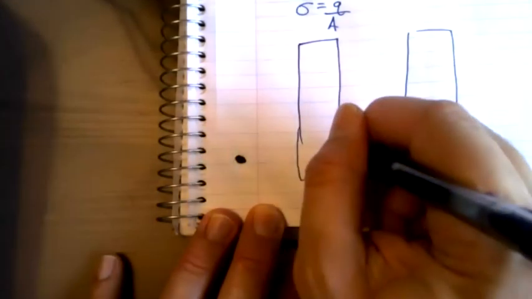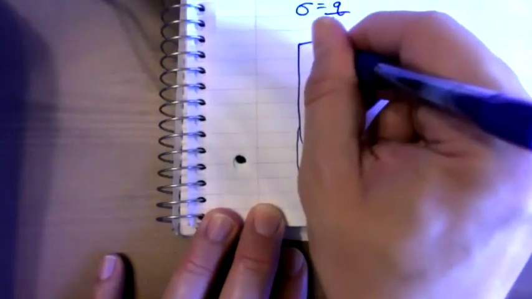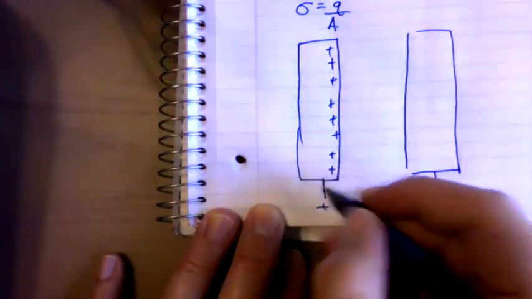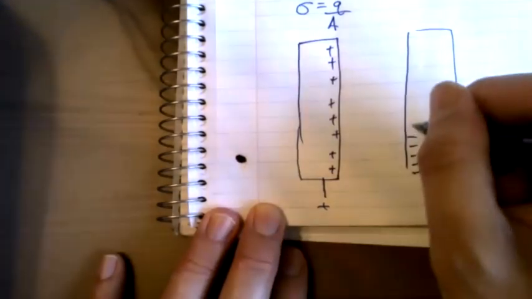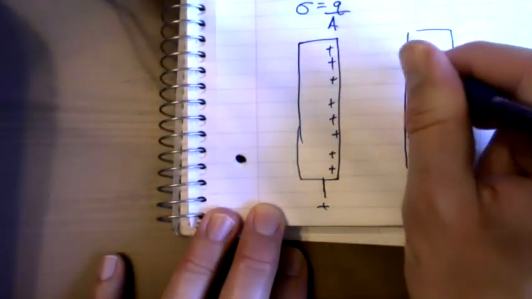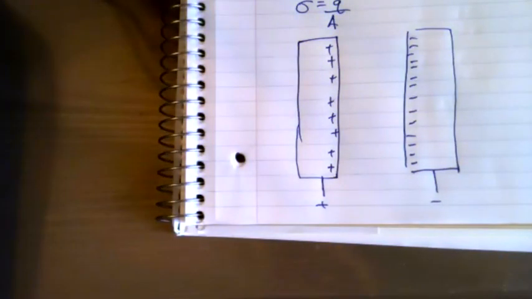Then I am going to get positive charge on this terminal, and I'm going to get negative charges on this terminal. And if I bring my plates close together, this forms a very special device called a capacitor.